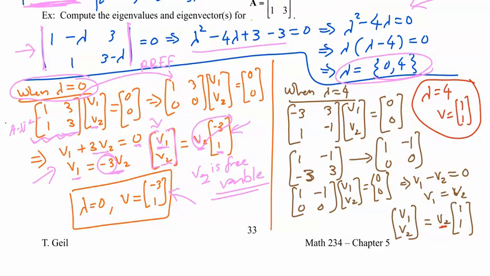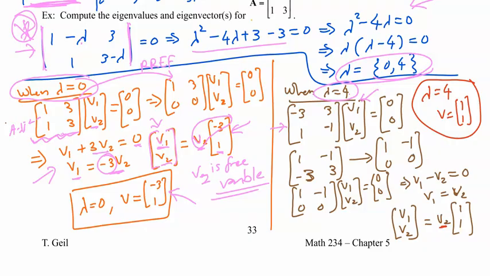When lambda is 4, what is my eigenvector? Again, put lambda equal to 4 back into this matrix. I get this matrix times (V1, V2) equal to (0, 0).